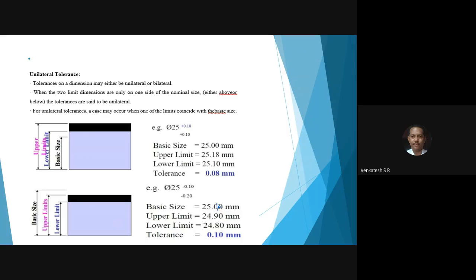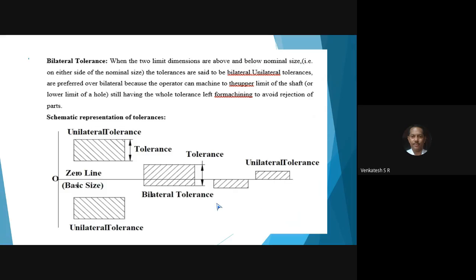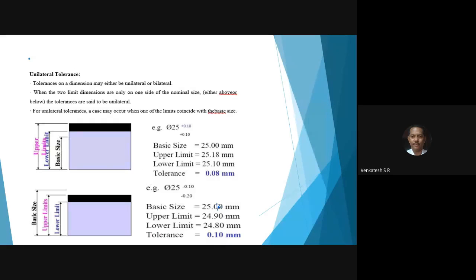And again, tolerance is classified into two types: unilateral tolerance and bilateral tolerance.